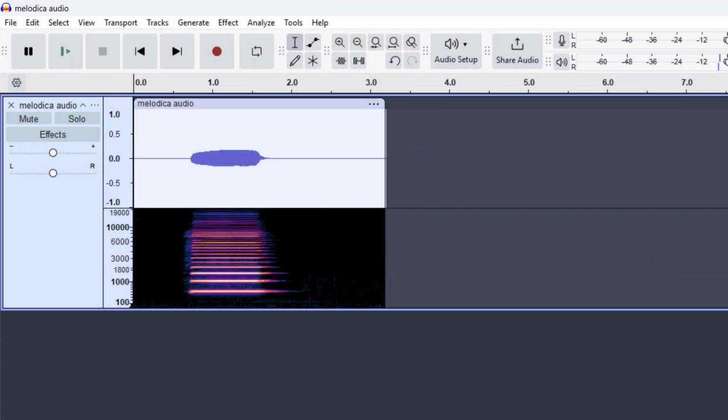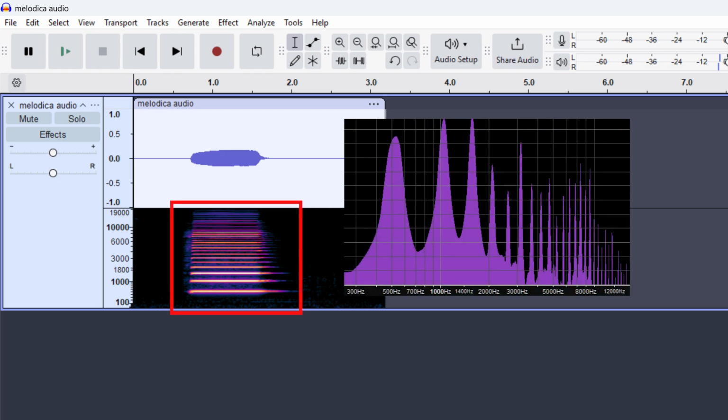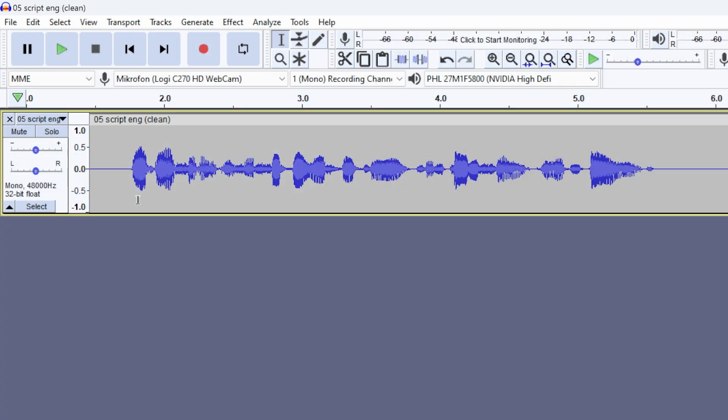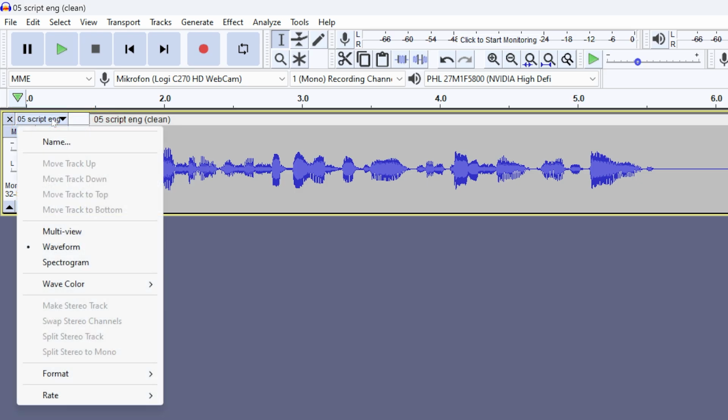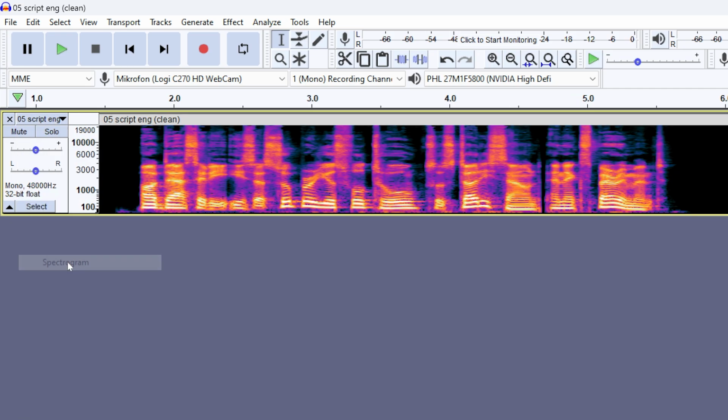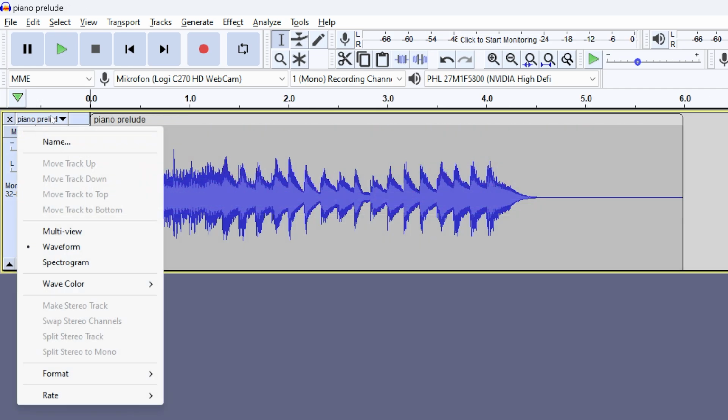In musical tones, we will generally see many parallel lines, which in this case are the harmonics. As we mentioned in the previous episode, in Audacity, you can activate the spectrogram view in the track menu. You can also activate the multi-view, which is super useful.